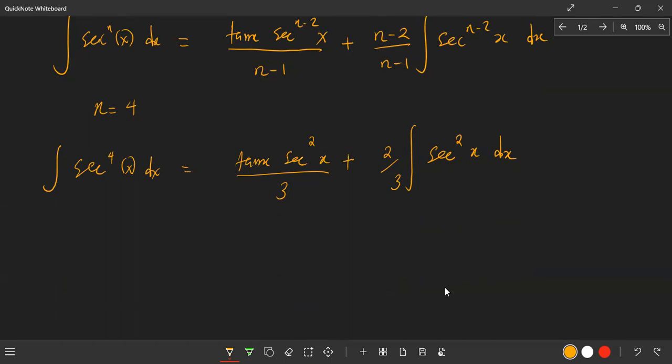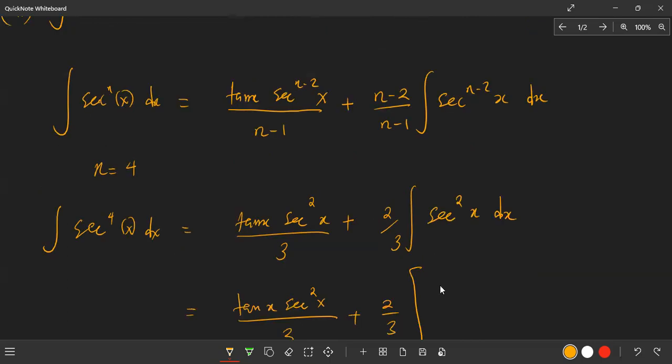From this, you notice the question is almost done, because the integral of sec squared x is just tan x. How do you know it's tan x? You can also apply the formula if you're not sure.